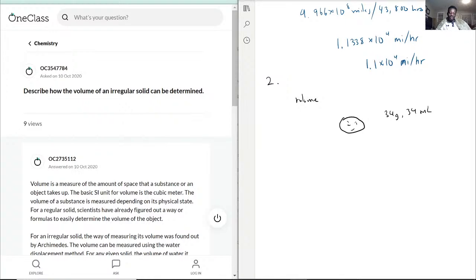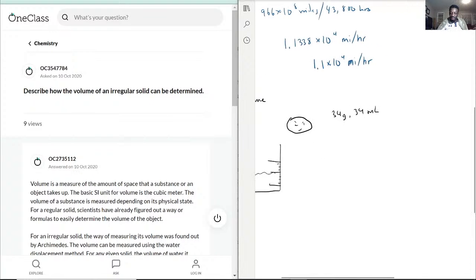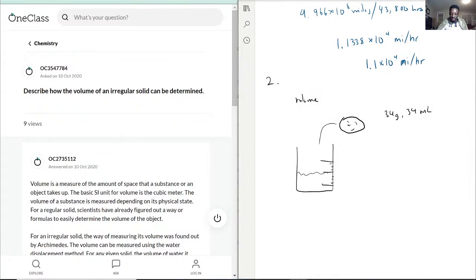The reason they can even say that is because most of the time what they use is a technique called volume displacement, and this is key because this only applies to solids that do not dissolve in that liquid. So what they usually do is get a beaker or a glass with indicated markers on it. They fill it with water, and then they throw the solid in.